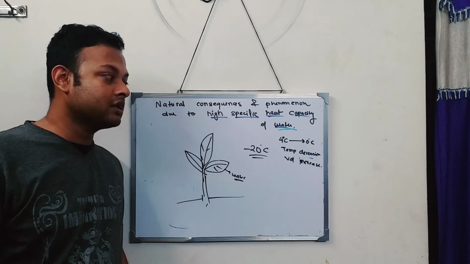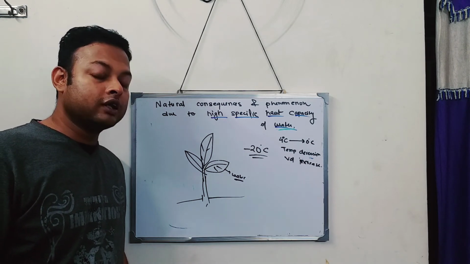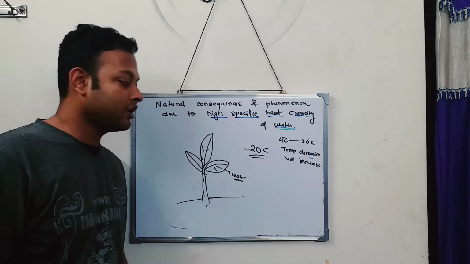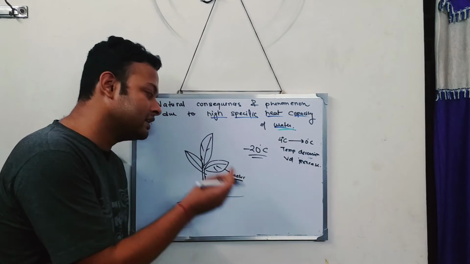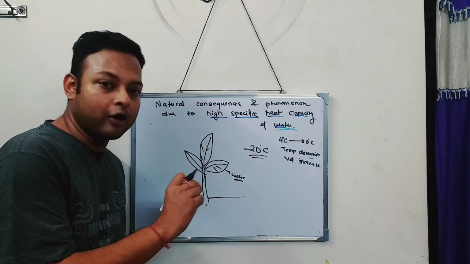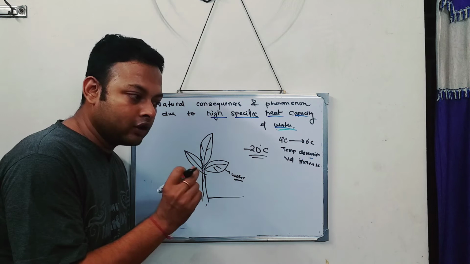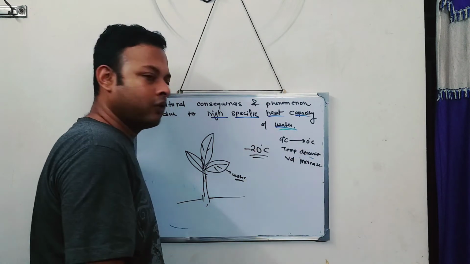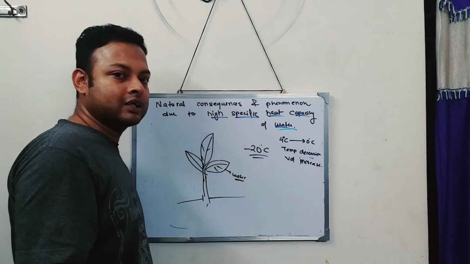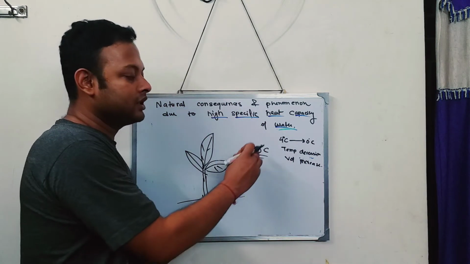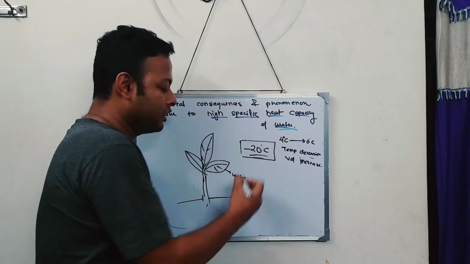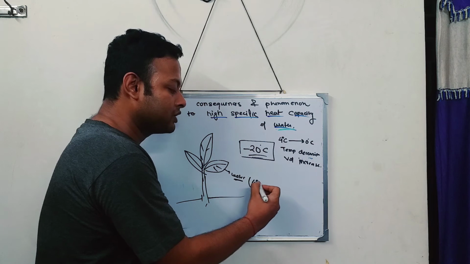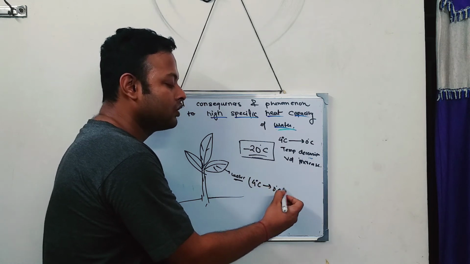When the temperature decreases from 4 to 0, the volume is not going to decrease, but the volume is going to increase. So this water inside the plant, inside the capillaries of the plant, is going from a temperature of 4 to 0. Why? Because the outside temperature is minus 20 degrees centigrade. As the outside temperature is minus 20 degrees centigrade, the water inside the plant goes from 4 degrees centigrade to 0 degrees centigrade.